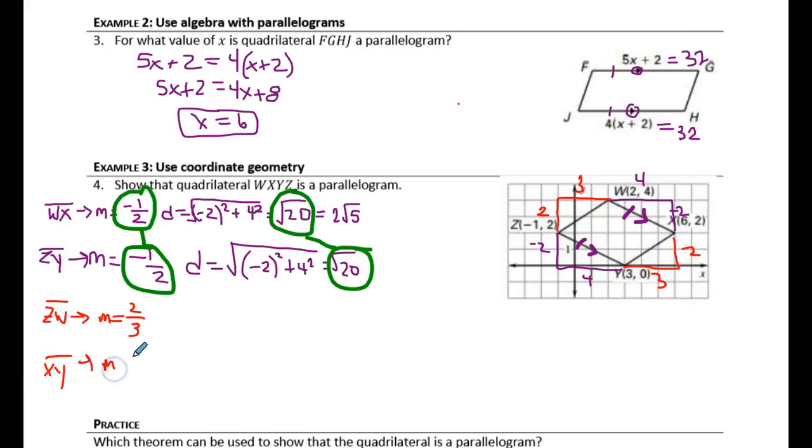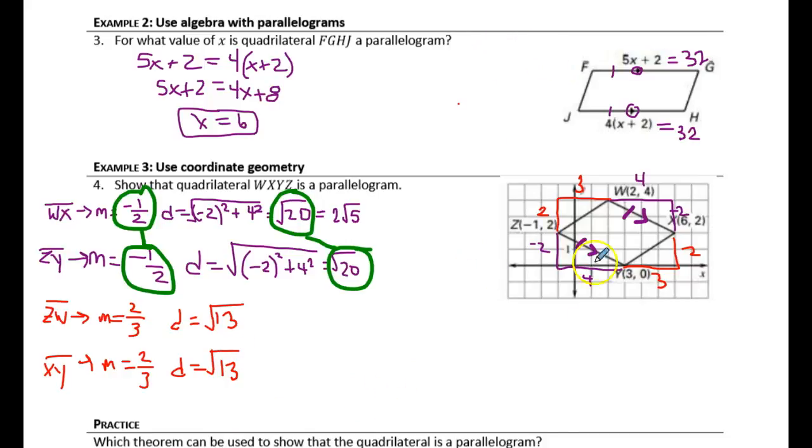So ZW and XY are also parallel. And then if I look at my length, I can find the distance of ZW is the square root of 13, and the distance of XY is also the square root of 13.